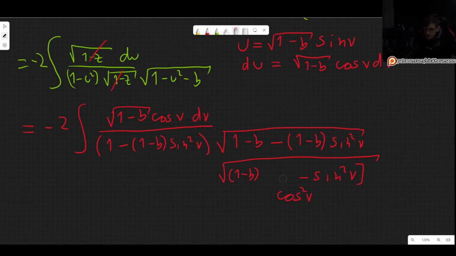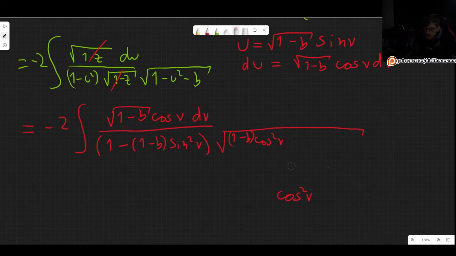So this thing here is cosine squared of v, and now this is what is in here. So in here we have 1 minus b times cosine squared of v. So by using this substitution, we now get rid of this and this and this and this, because of course this square root cancels out the square here. So all of this goes away, and so does all of that. And now we're only left with this part right there.